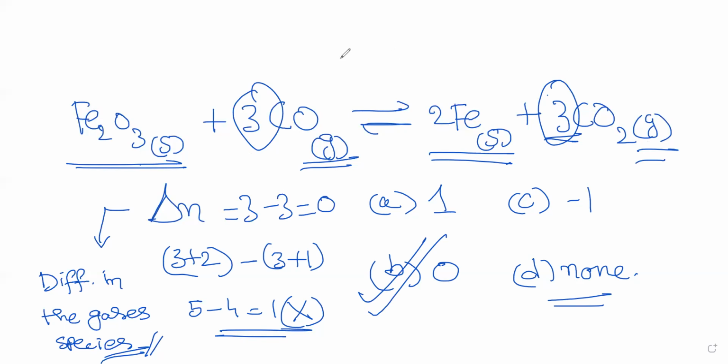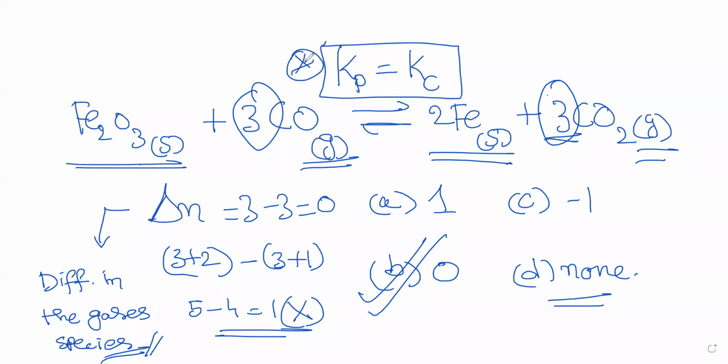So here also you have Kp is equal to Kc. Got it? Are we clear? Hello, are we clear, students? Yes, sir. Clear. It should be number of moles of the gaseous species only. You should not take solid species into account.